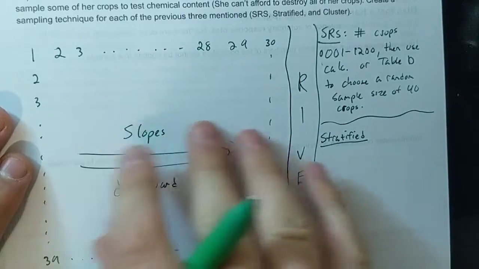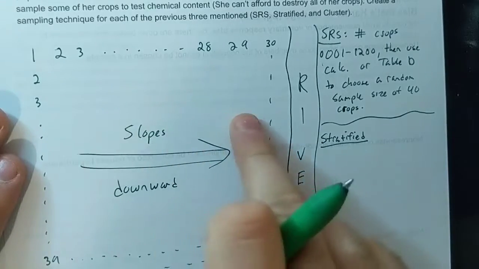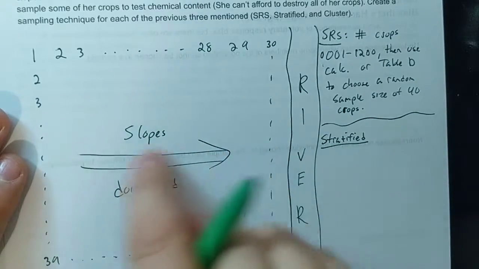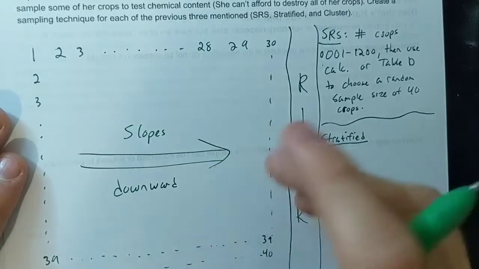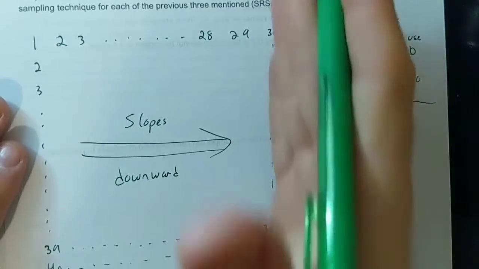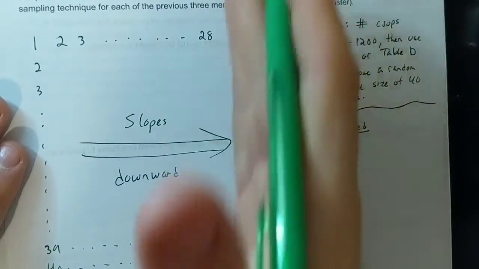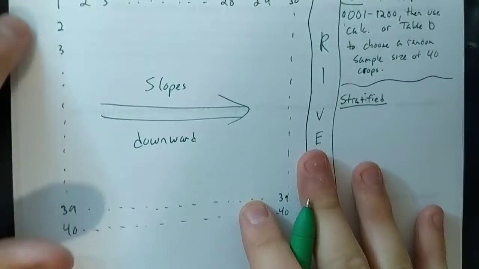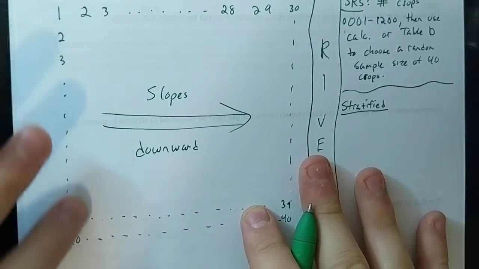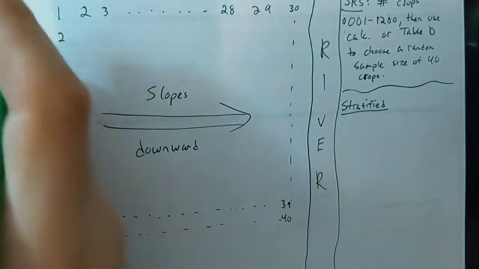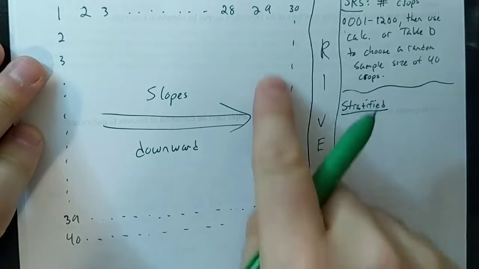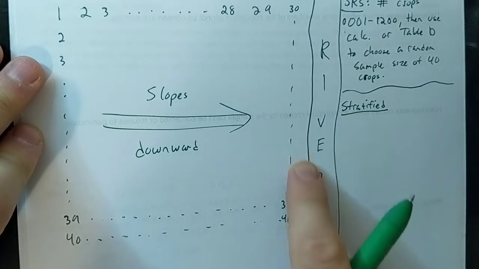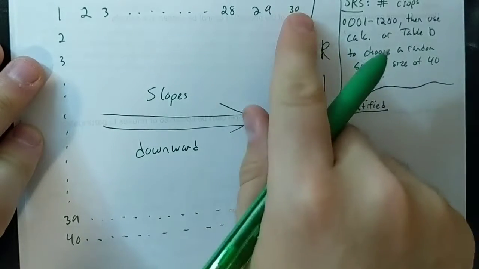So maybe water content changes on its way down towards the river, and this land slopes downward. So groups that are similar to each other would be the rows going in this direction, parallel to the river. This row here would be the furthest away. All these crops are furthest away from the river. They're all pretty similar. They're all up high on the hill, on the slope. These crops down here are right next to the river. They're at the end of the hill. They're all very similar to each other.